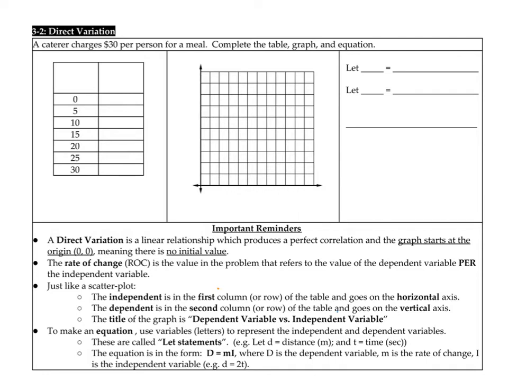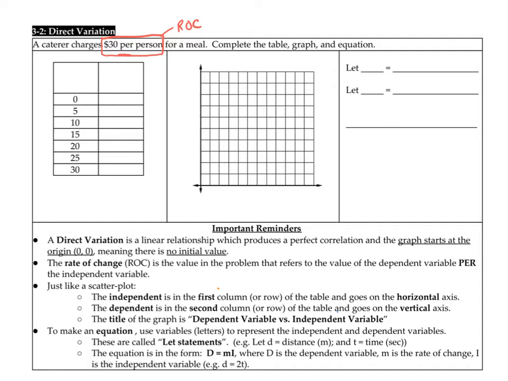The rate of change can be identified with typically the word per. So they charge $30 per person, and that is the rate of change.